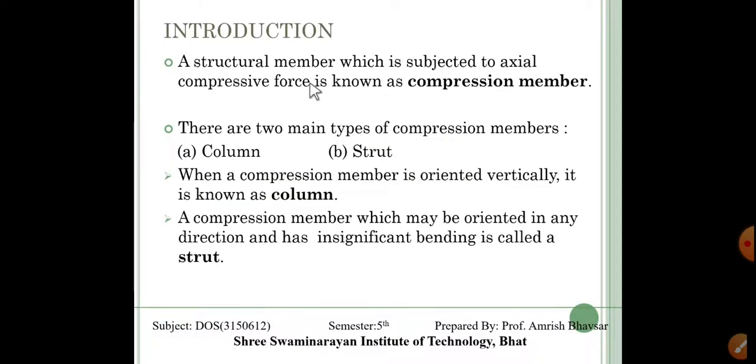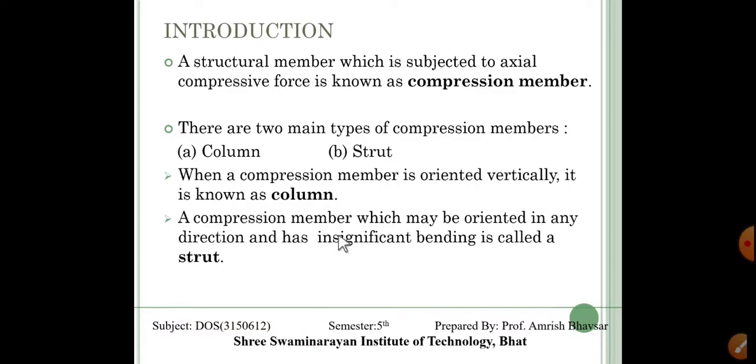A structural member which is subjected to axial compressive force is known as compression member. There are two main types of compression member, column and struts. A pure vertical member is a compression member. When a compression member is oriented vertically, it is known as column.